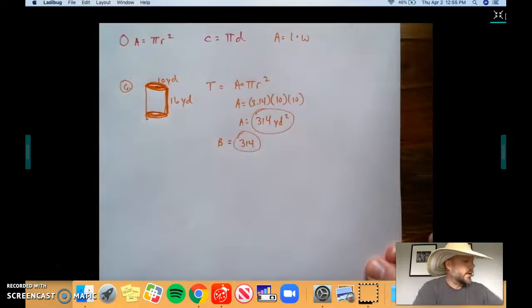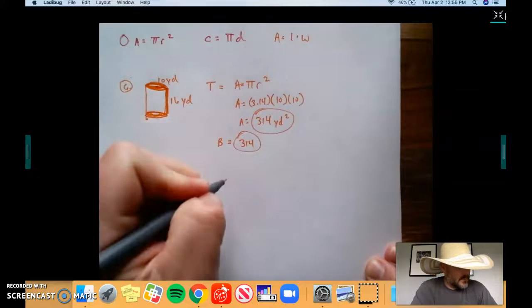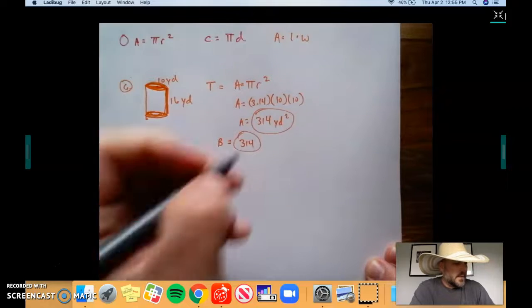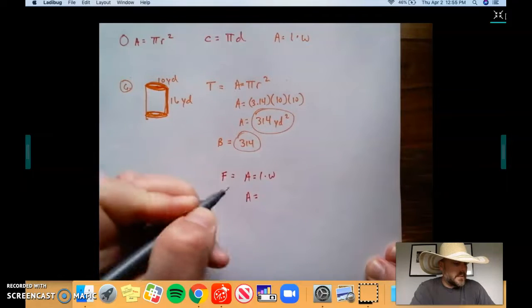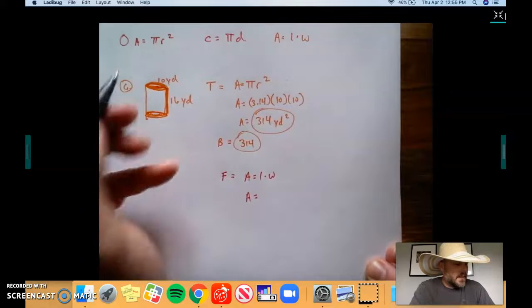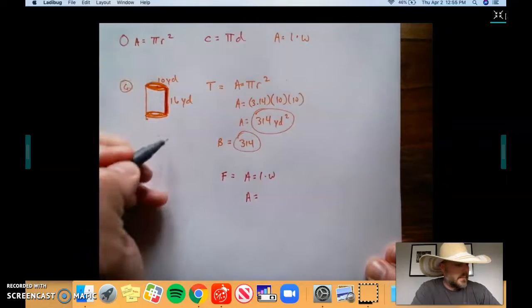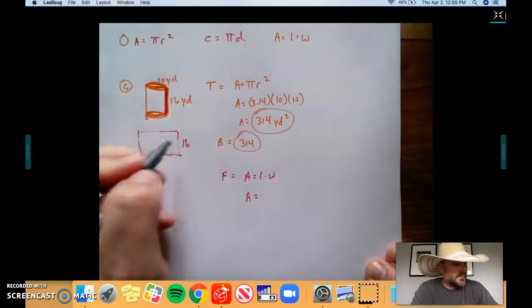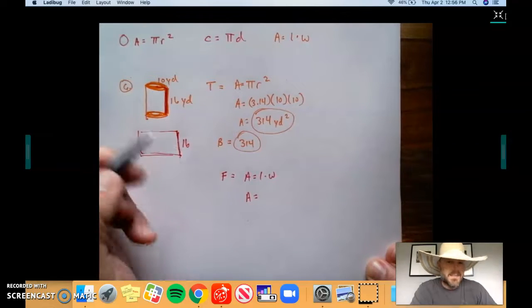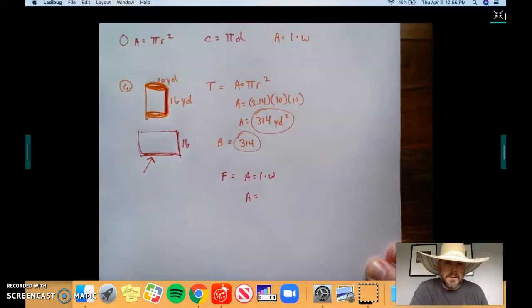I'm going to call that F for front. It is a rectangle, so area equals length times width. I know one of the dimensions is 16, that's the height. But the other side is actually the circumference.